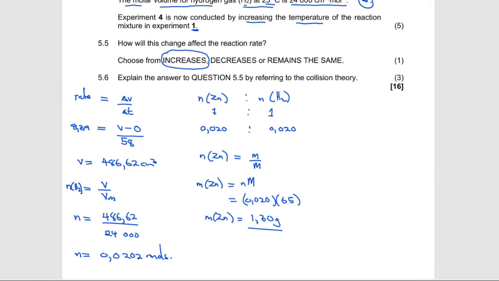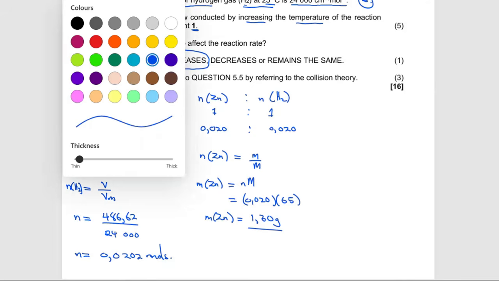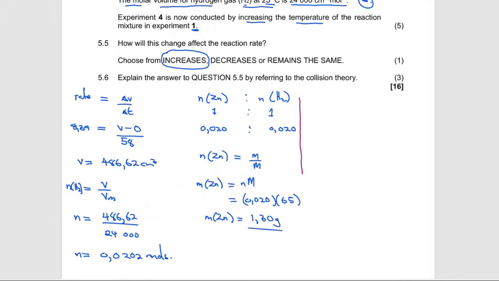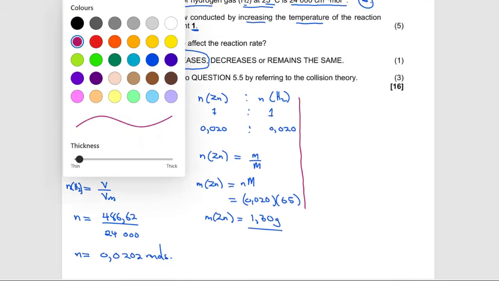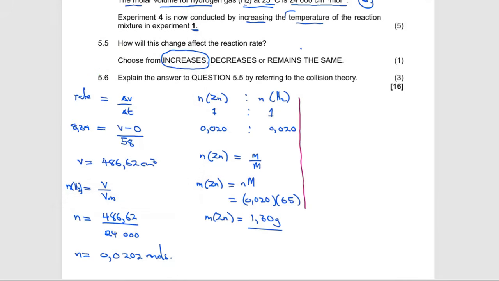Then, explain the answer to 5.5 by referring to the collision theory. For us to be able to answer this one, we should understand the collision theory. In terms of temperature, temperature is the average kinetic energy of the particles.